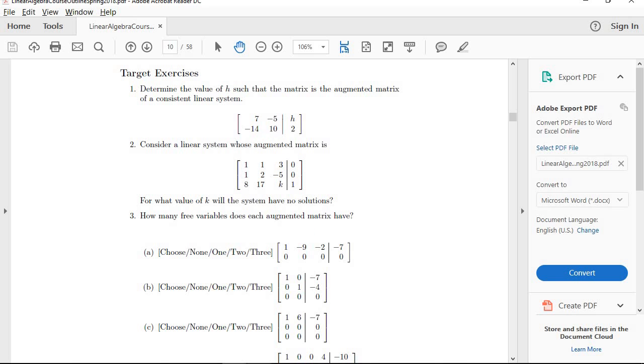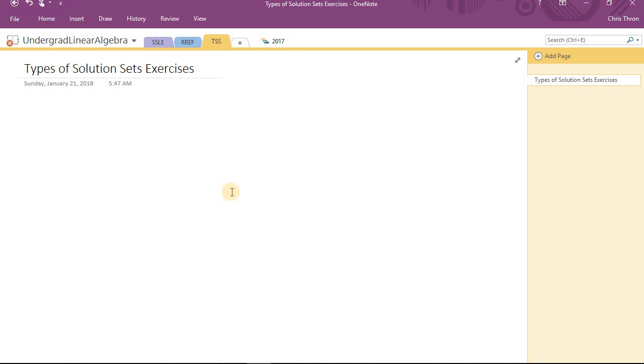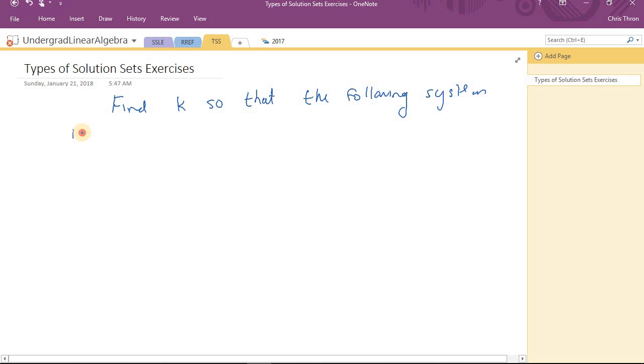So I'm going to do a problem like this in a notebook. Let me do it here. Okay, so here I want to say find k so that the following system is a consistent system.